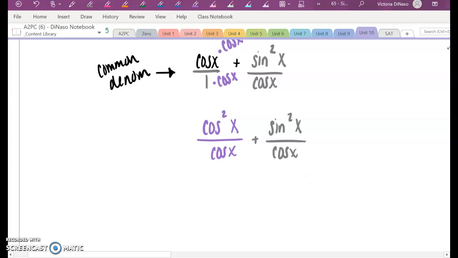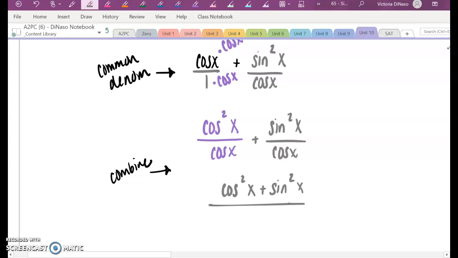All right, so we just got a common denominator. The next thing that we're going to do is actually combine the fraction. So we have cosine squared x plus sine squared x divided by one single denominator. We're able to combine the numerators if they have the same denominator, so divided by cosine x.